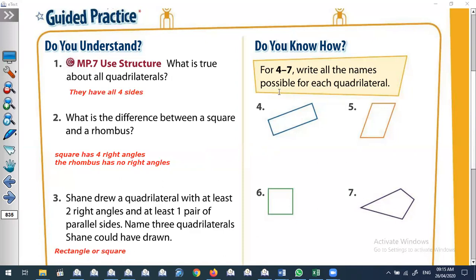Write all the names possible for each quadrilateral. This quadrilateral is a rectangle, and the rectangle is also a parallelogram.